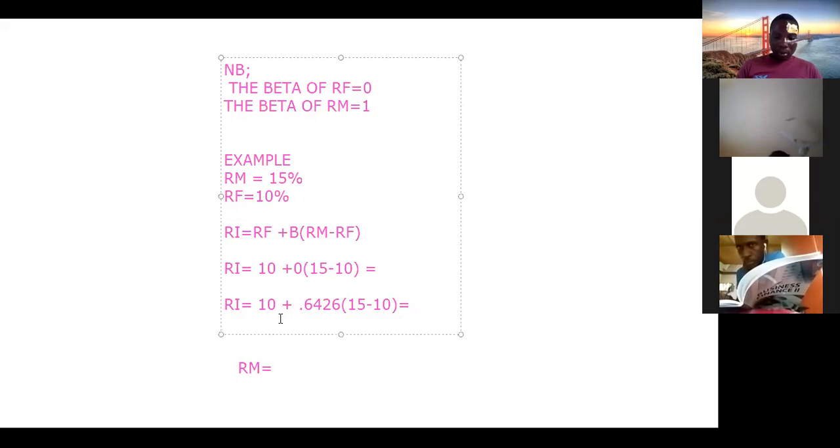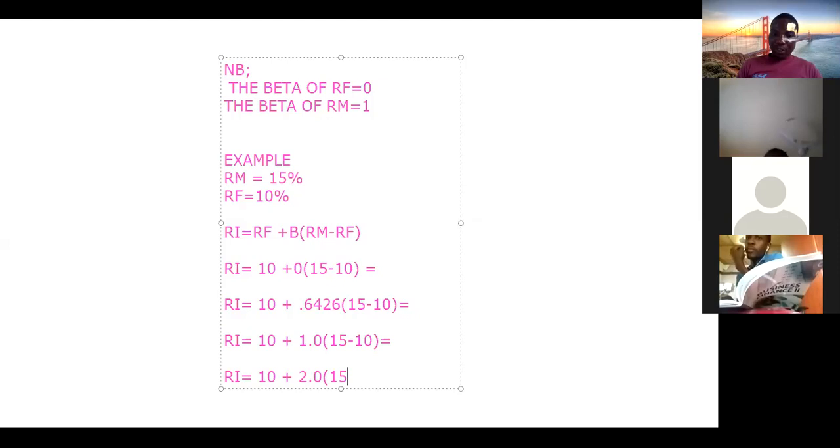The third one, Ri is equal to 10 plus 1.0 bracket open 15 minus 10. Then you bring your equal to sign. The other one is Ri equals 10 plus 2.0 bracket open 15 minus 10. Then bracket close, you bring your equal to sign.